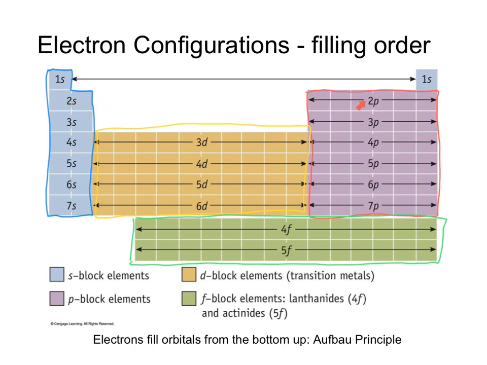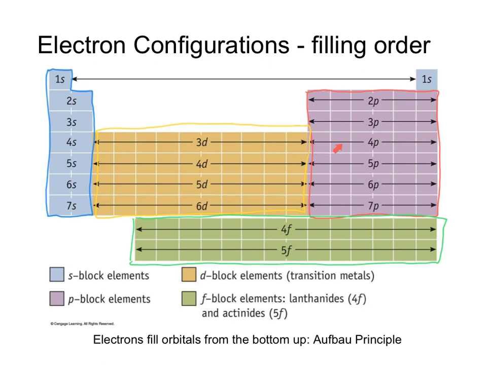After 2s, we begin to fill 2p. After 2p, we fill 3s, and then 3p, and then after 3p, 4s. And we note that we have a break here as we get into our D subblock. Our number is one below the period number that we're in. So here we're in the fourth period, but for our D block, we're actually filling 3D.